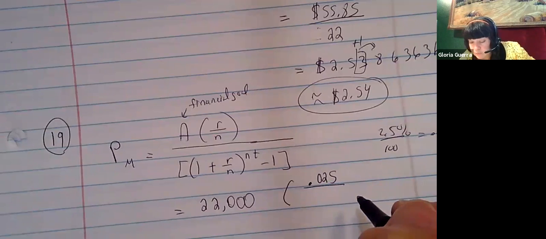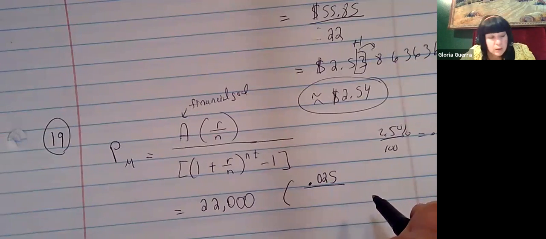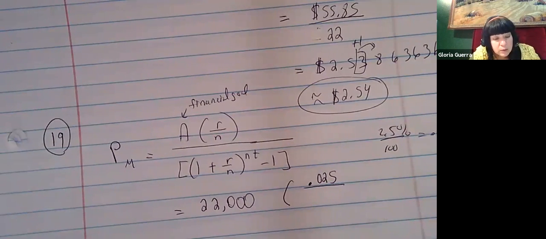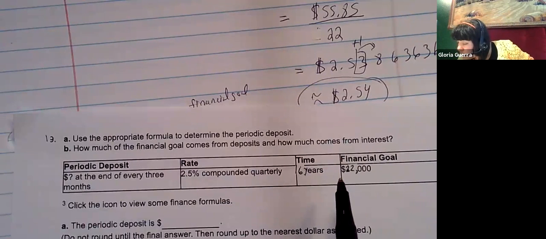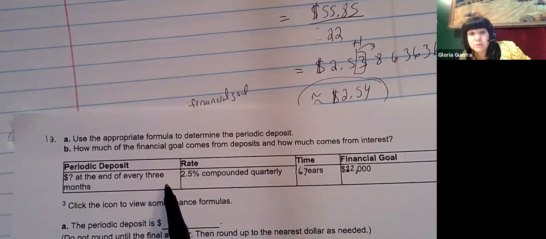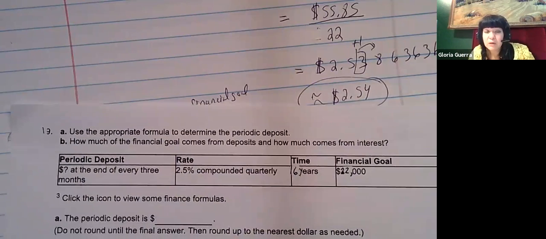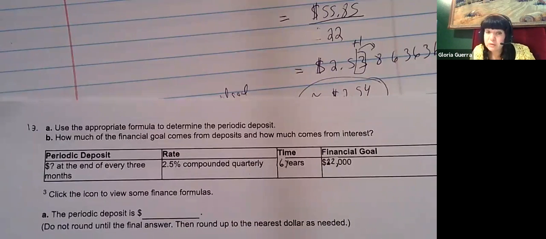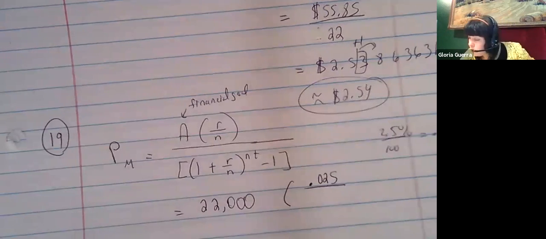And then dividing it by n. Here it said it's not 12, it said compounded quarterly, and it says at the end of every 3 months. So it has a couple places. That's why your n is going to be 4.